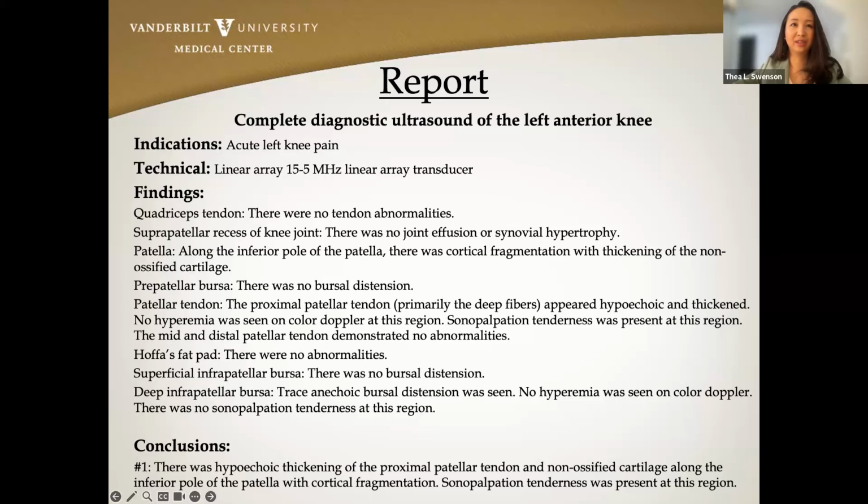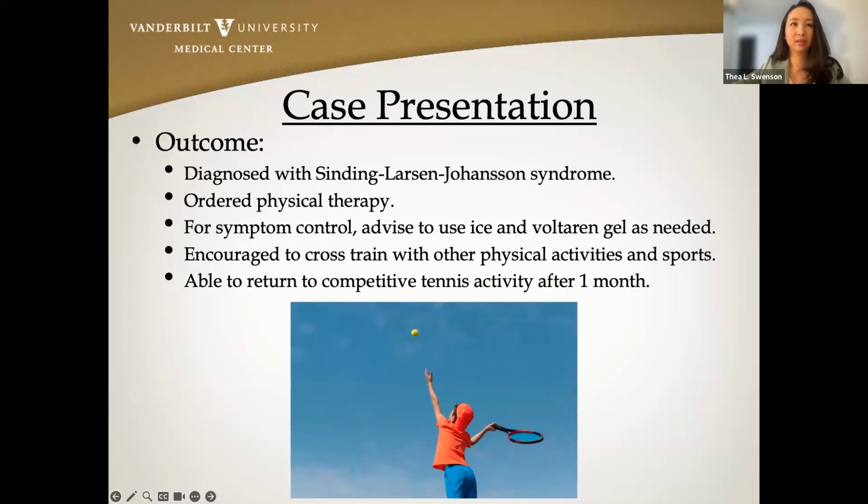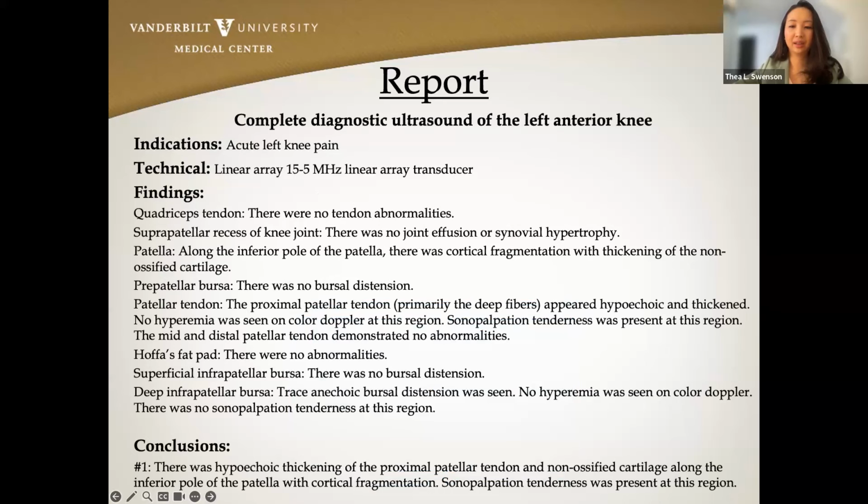So our conclusion here is that there was hypoechoic thickening of the proximal patellar tendon and non-ossified cartilage along the inferior pole of the patella with cortical fragmentation, and sonopalpation tenderness was present at this region.